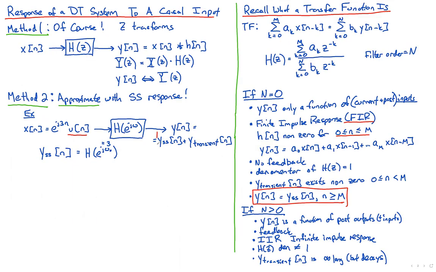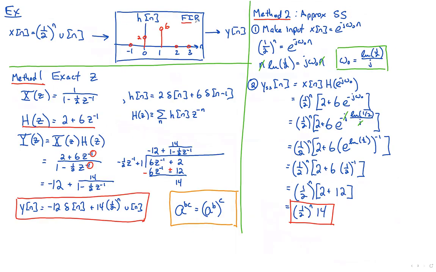Now from our previous work on this slide, you'll notice that our overall output is equal to the steady state response plus the transient response. Now this is an FIR filter, and for this FIR filter, our M is equal to 1. It's non-zero only up to n equals 1, so therefore our M is equal to 1.